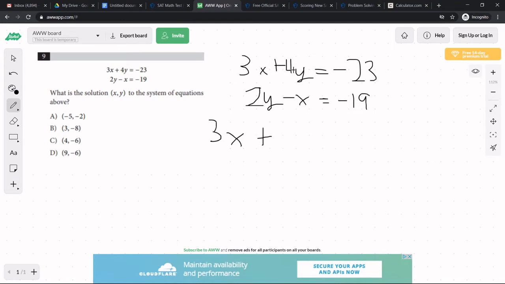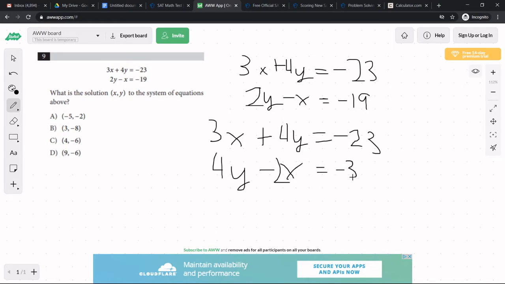So for this one, all you have to do to get rid of the y's is multiply this by 2. So I'm just going to choose to do that. You could choose to get rid of the x's, but I'd rather just get rid of the y's. So 4y minus 2x equals minus 38.